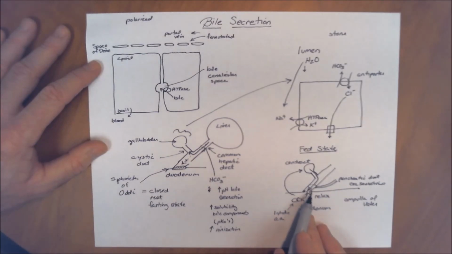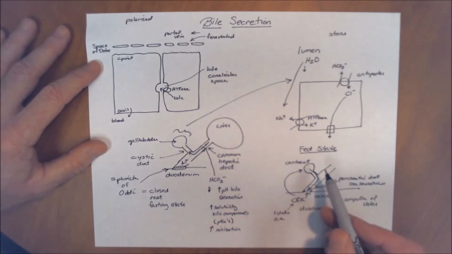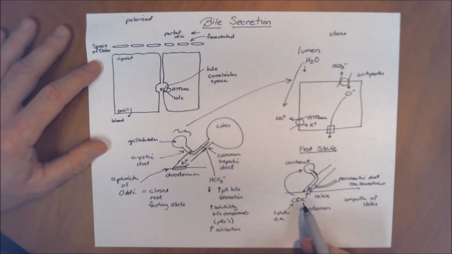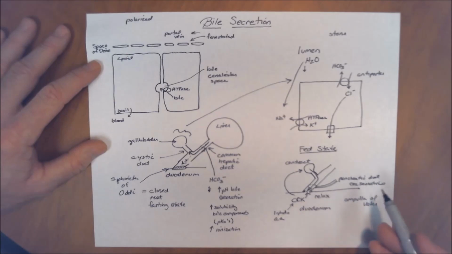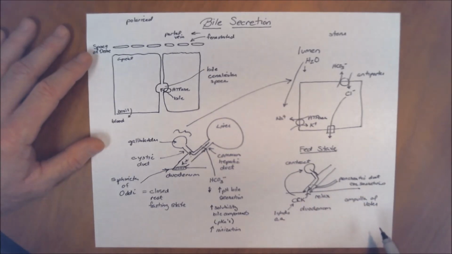Simultaneously, it's allowing the relaxation of the sphincter of Oddi in order for all of these secretions to come through, and it's causing contraction of the gallbladder to get the bile into the duodenum to emulsify the fats so that the pancreatic enzymes that are coming through and mixing have the greatest level of efficiency.